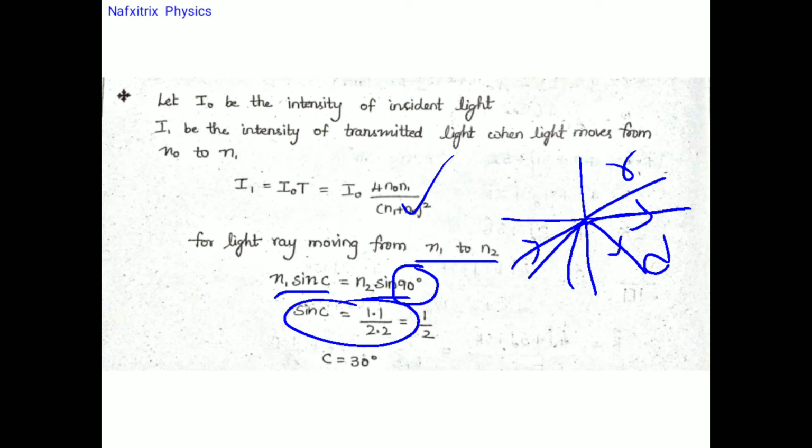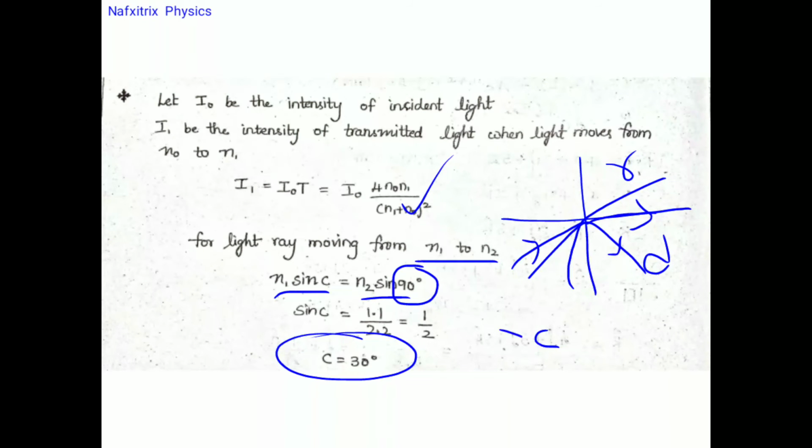That means sin 30 is 1 by 2. Hence the value of c is 30 degrees. That is, the critical angle is 30 degrees. So if the angle of incidence is greater than this critical angle, total internal reflection takes place.